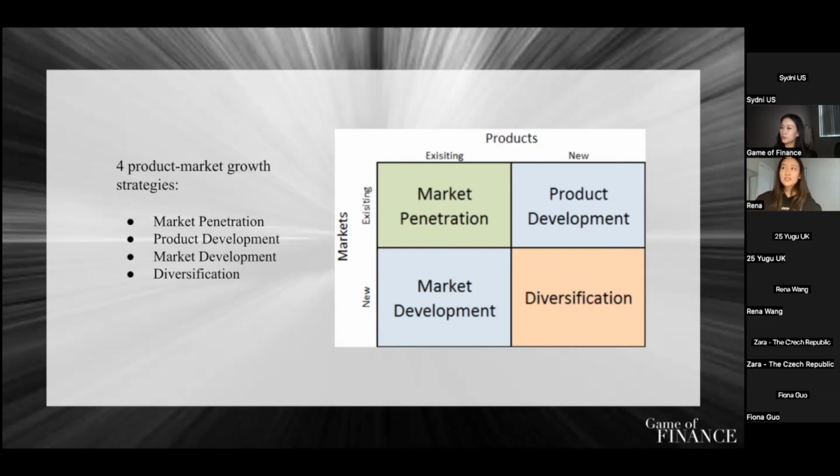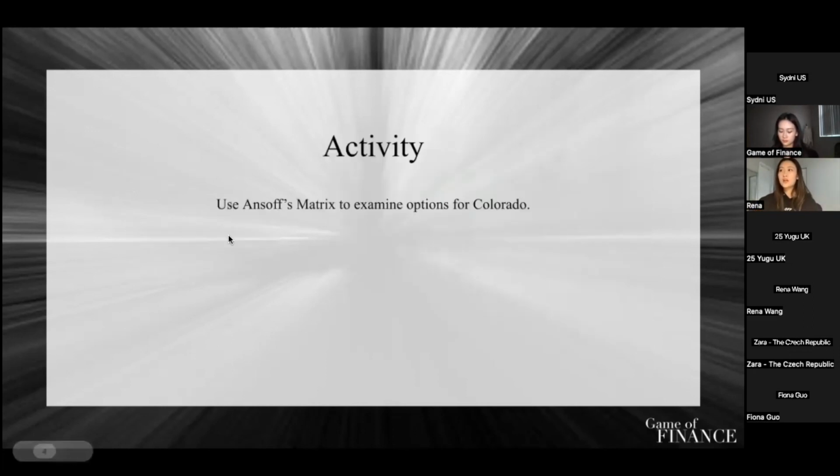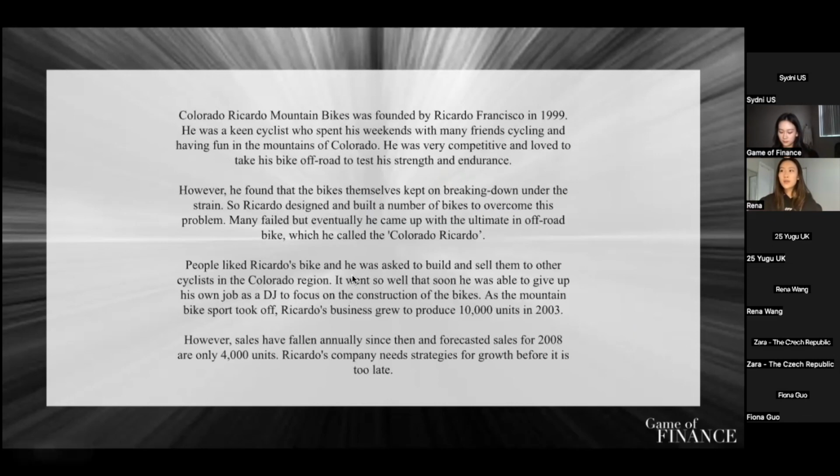Now, let's go back to using this model for analyzing stocks. You look at a company, a brief introduction of a company similar to this Colorado one, and you ask, for their marketing team, what are some possible strategies for them to expand to new markets, new customers? If there are many, you can assume that this company has a very bright future.